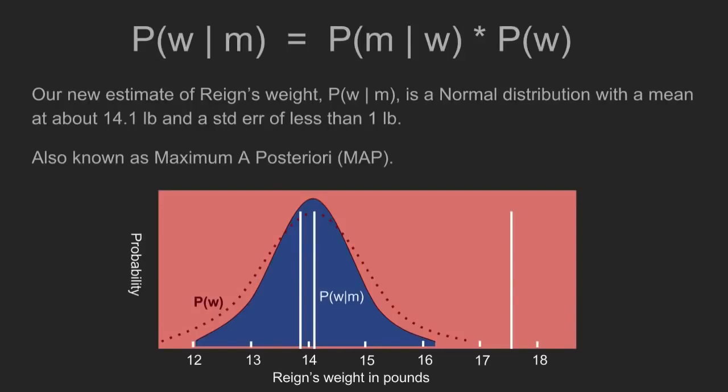You'll notice it's even narrower than our original prior. So we've taken our original belief and we've been able to sharpen it up just a bit. And so incidentally, the peak of this curve is called the maximum a posteriori result. If we had to choose one value to represent our belief, that's not a bad one to choose.